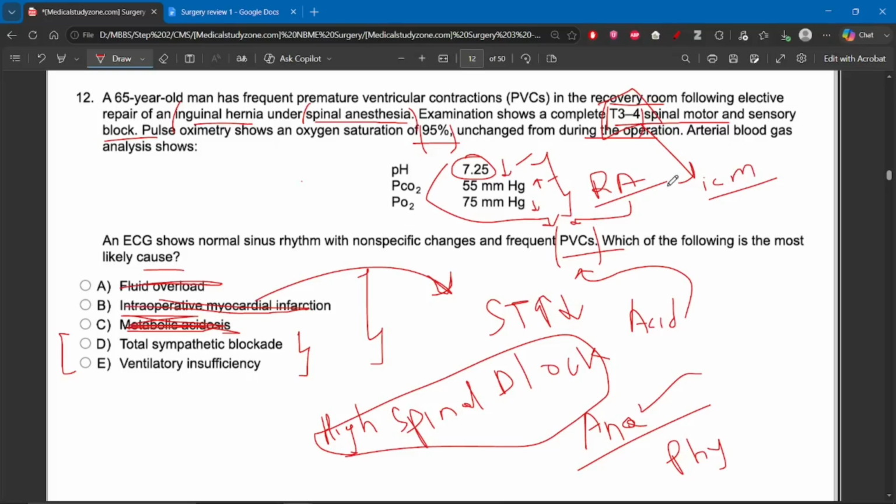Now, if you remember that and add it up at that point, then you can easily choose the answer, which is ventilatory insufficiency, because the patient is not able to breathe. The patient is not able to breathe currently. So if he's not able to breathe, what is happening is that he's storing air in his lungs, and the blood is turning acidic, and it is leading to PVCs.